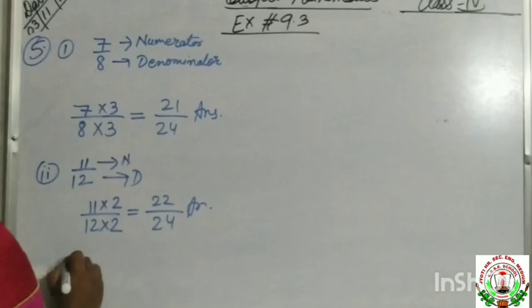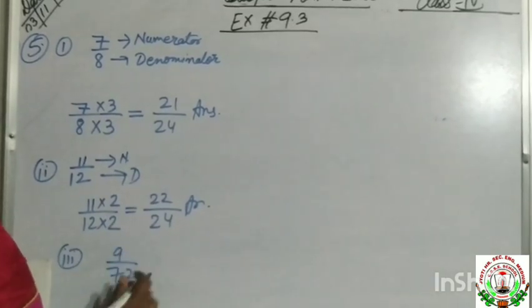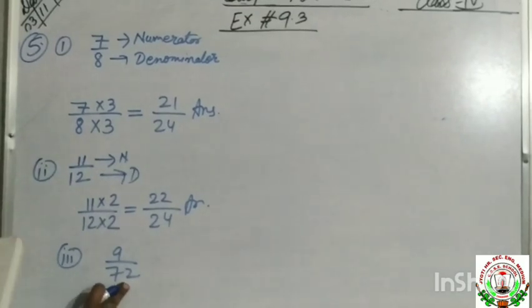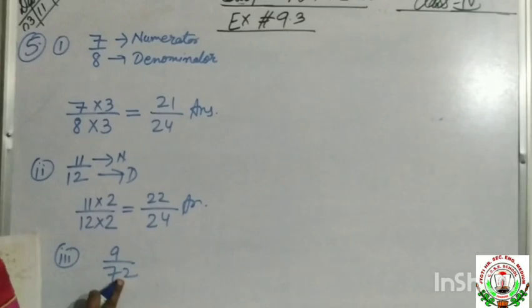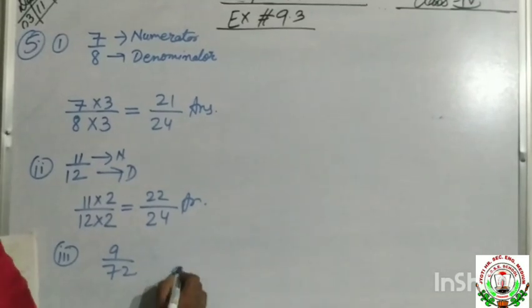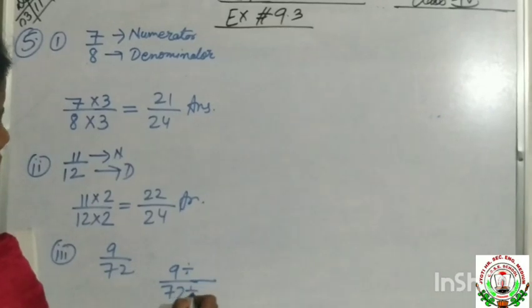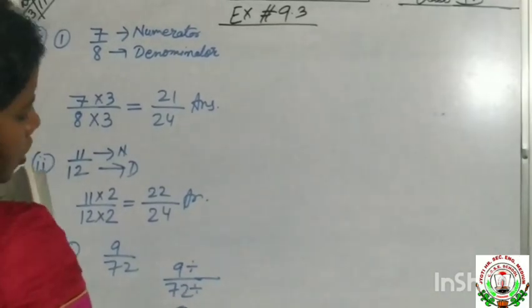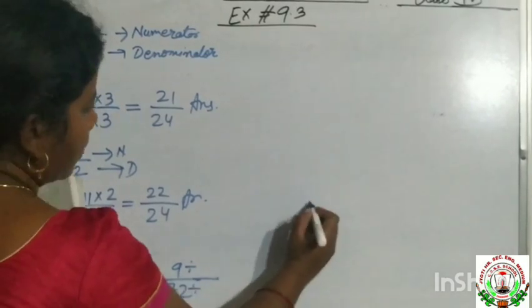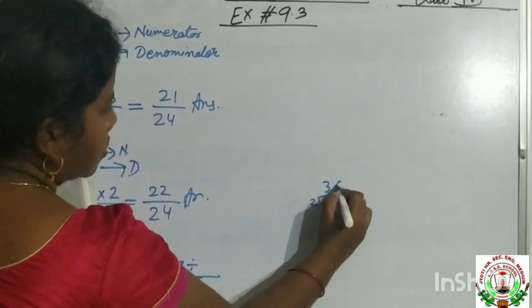Understood? Number 3 is 9 by 72. Here, if we multiply by any number, we will not get 24. So that means we have to divide. You have to find out which number we divide by to get 24. Suppose we divide by 2: 2 threes are 6, 2 sixes are 12.